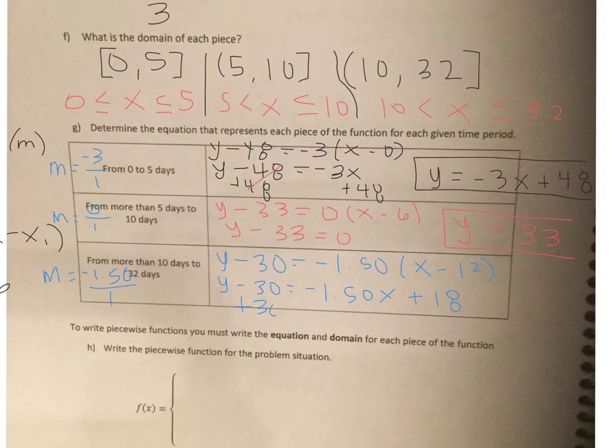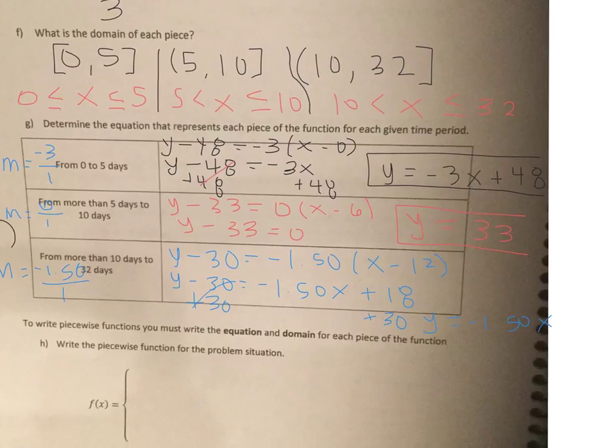So plus 30 on both sides. Now y should be all by itself. And so y equals -$1.50x plus 18 plus 30 is 48. So here is your equation for the third section.